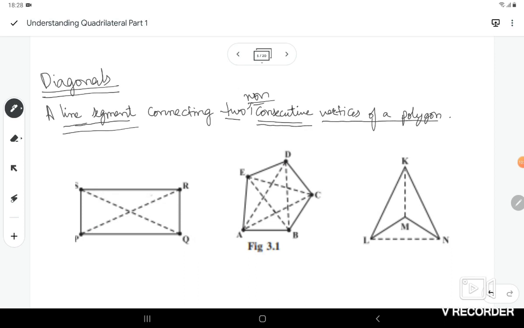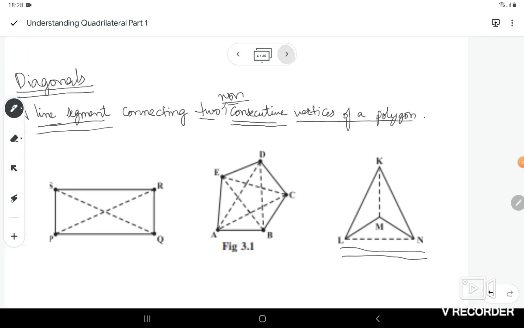And diagonals can be inside the figure as well as outside the figure depending upon the shape of the polygon. For example, in the third figure, that is KLMN, you can see that KM is the internal diagonal whereas LM is the external diagonal of the figure.